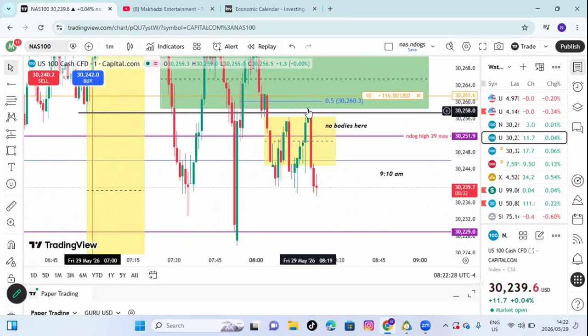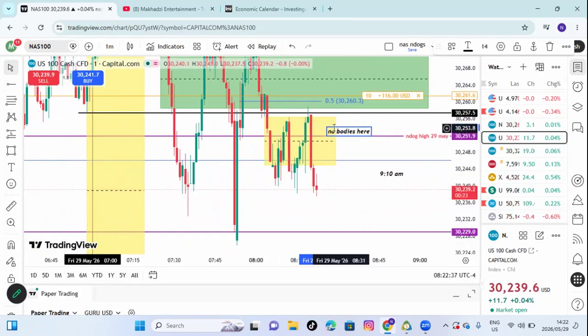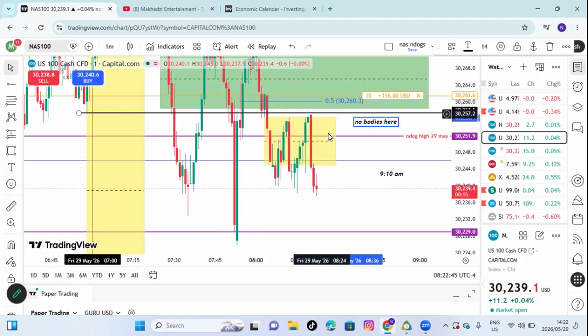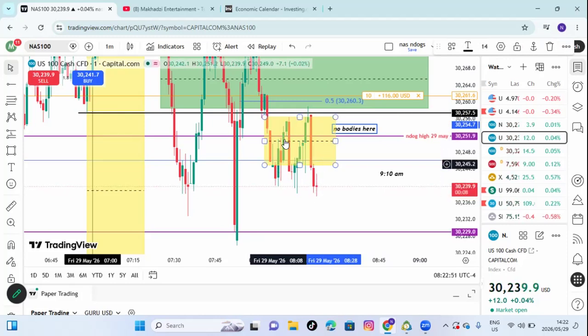okay, now that it has mohawked outside like this, we are demanding that any return into it, there should be no bodies here again. I'm saying this because the narrative here is still telling me that we're still weak. So now there should be nobody here. Exactly. And we can also anticipate that when it comes back into this, because it has done all of this, the maximum it can go here.